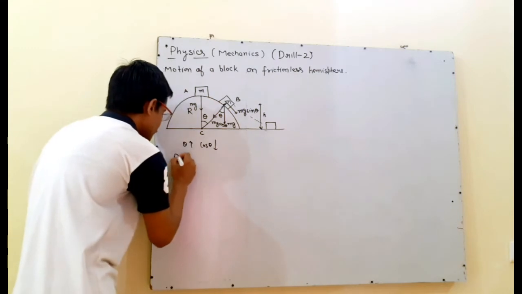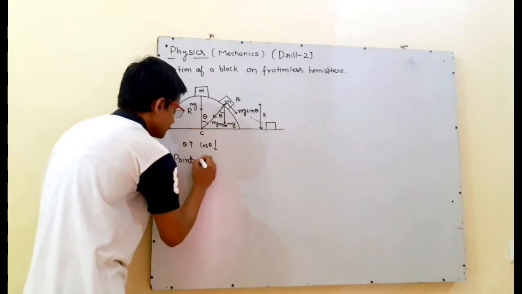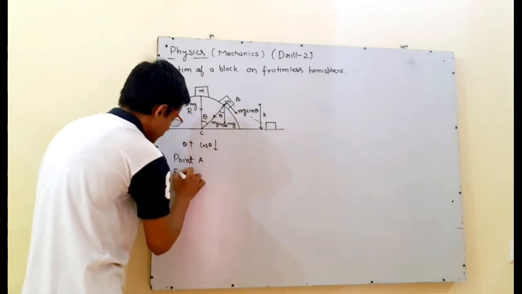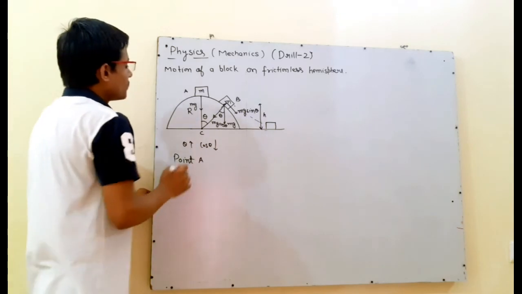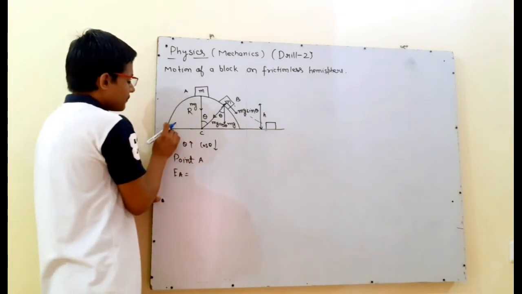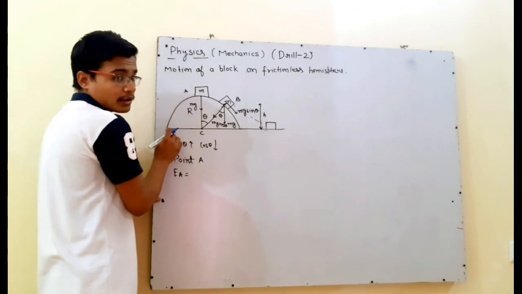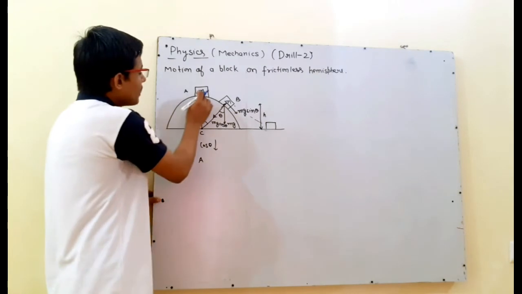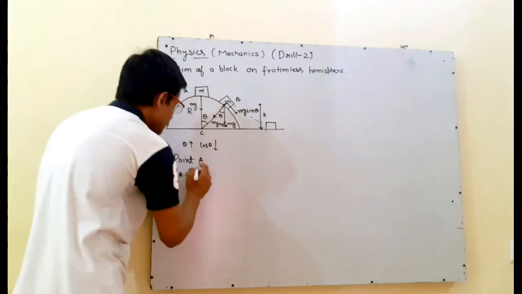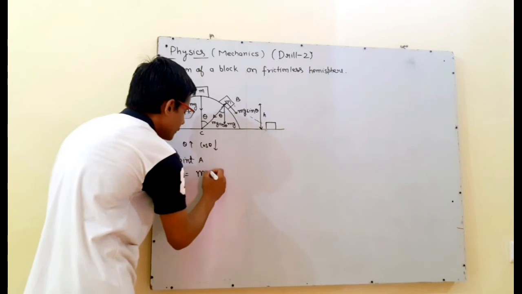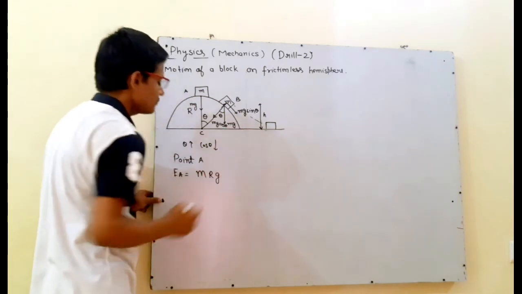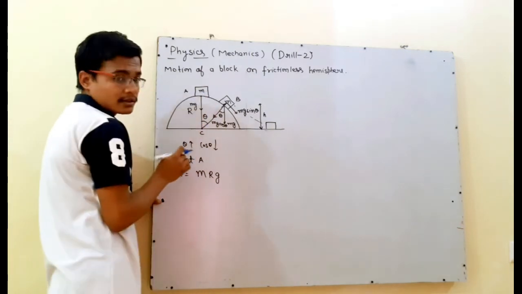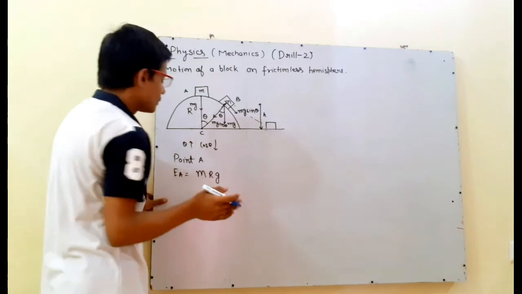First at point A, what is the energy E_A? Taking this as the potential energy reference, the potential energy here will be 0, and at this point the potential energy will be mgr. As your block is at rest, the kinetic energy will be 0.